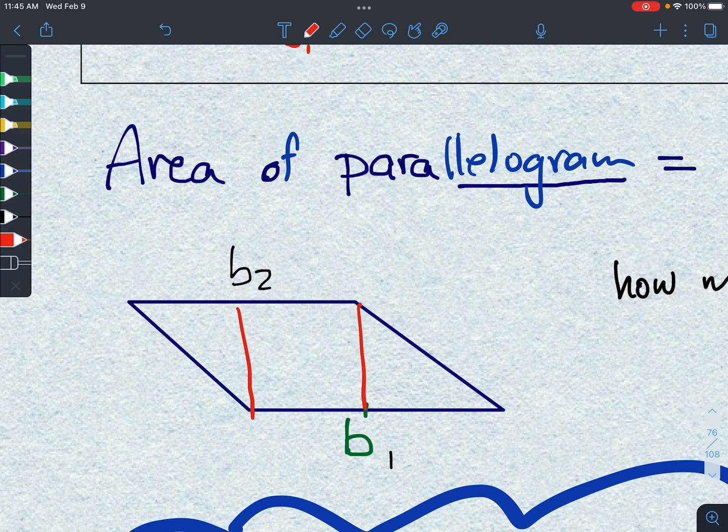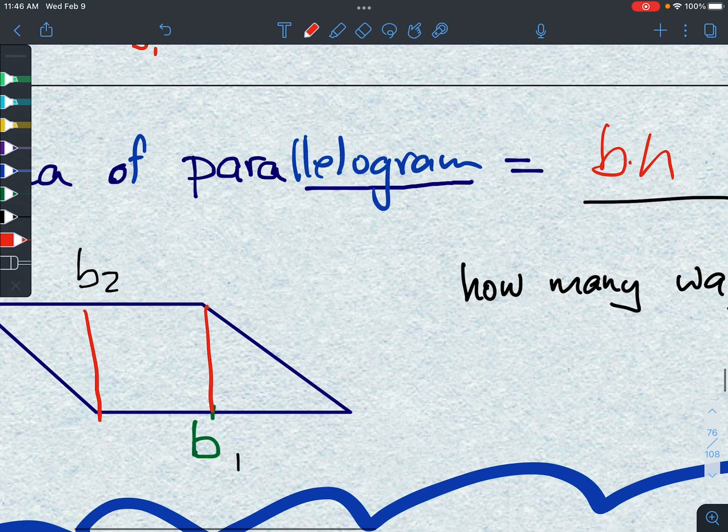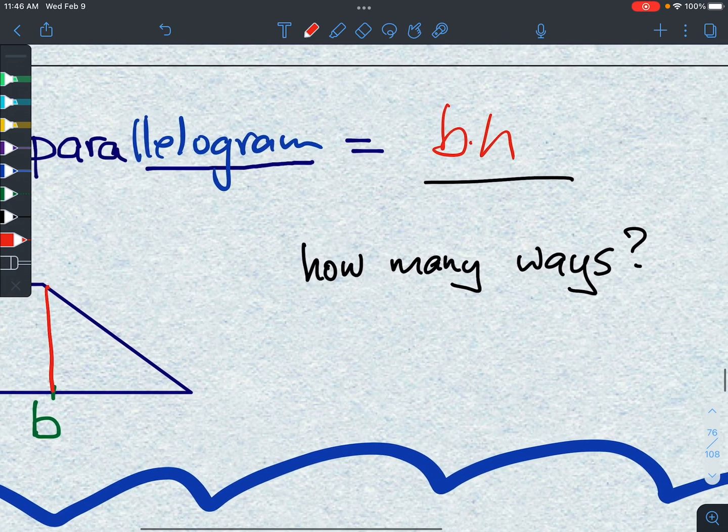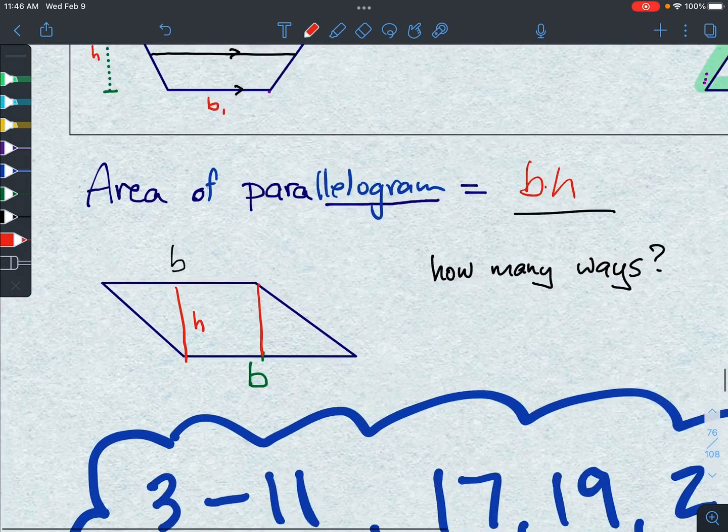You could cut it off there and find those areas. But the shortcut is just take the base times the height. These 2 bases that we have here are not actually 2 different bases, but they're the same base. So whatever base that is times whatever the height is, that gives you the area.